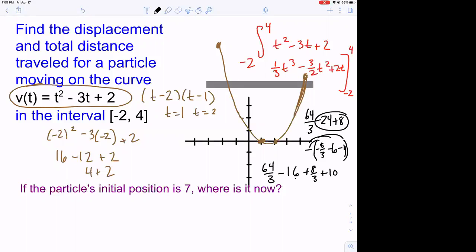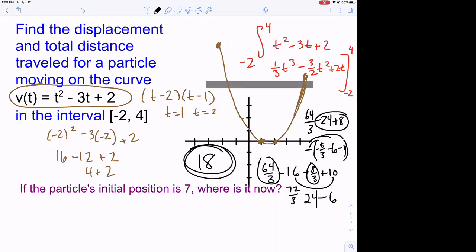So this is -6. 8/3 and 64/3 make 72/3, which I believe is divisible by 3, right? It's 24, so 24 minus 6 is 18. So the area under this curve is 18, and that is the displacement.